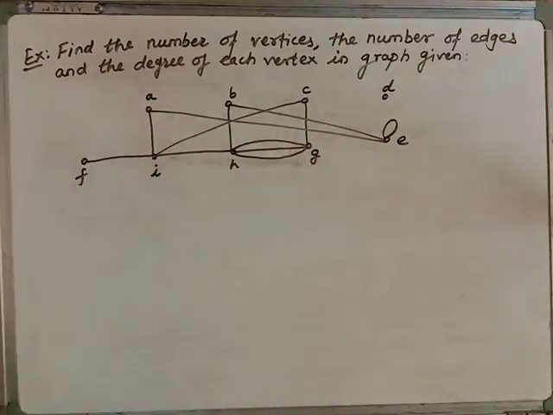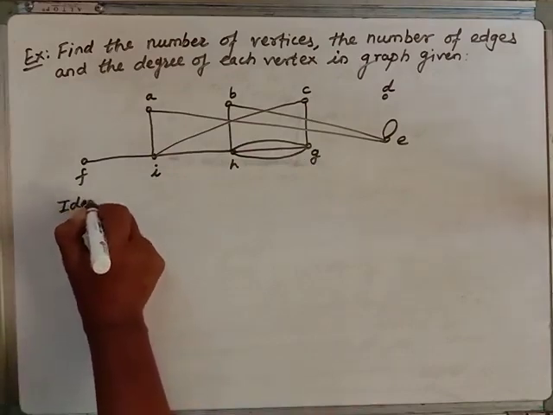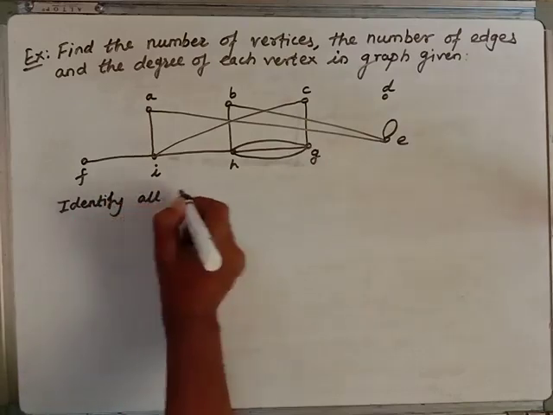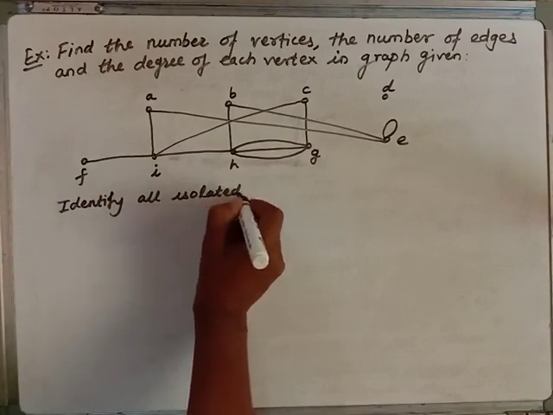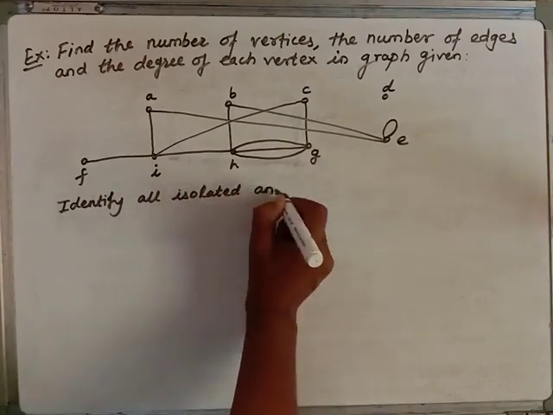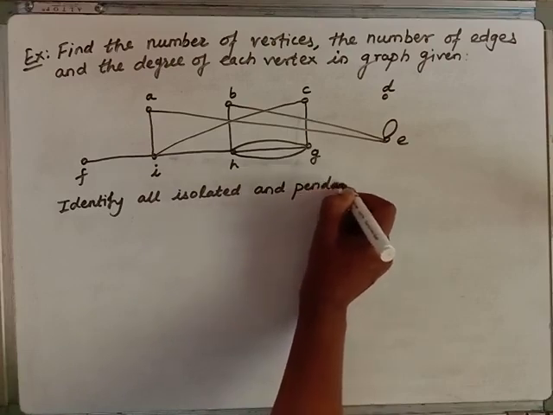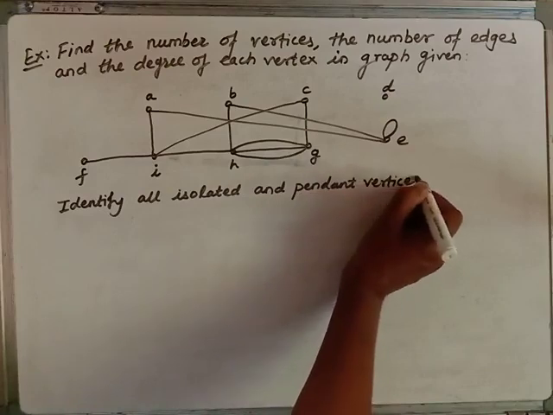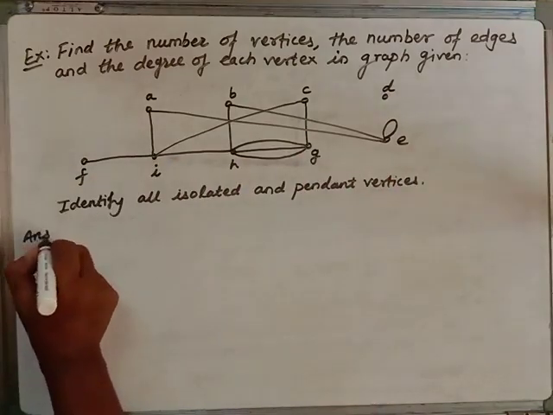Suppose this is our graph. Also the question is to identify all isolated and pendant vertices.